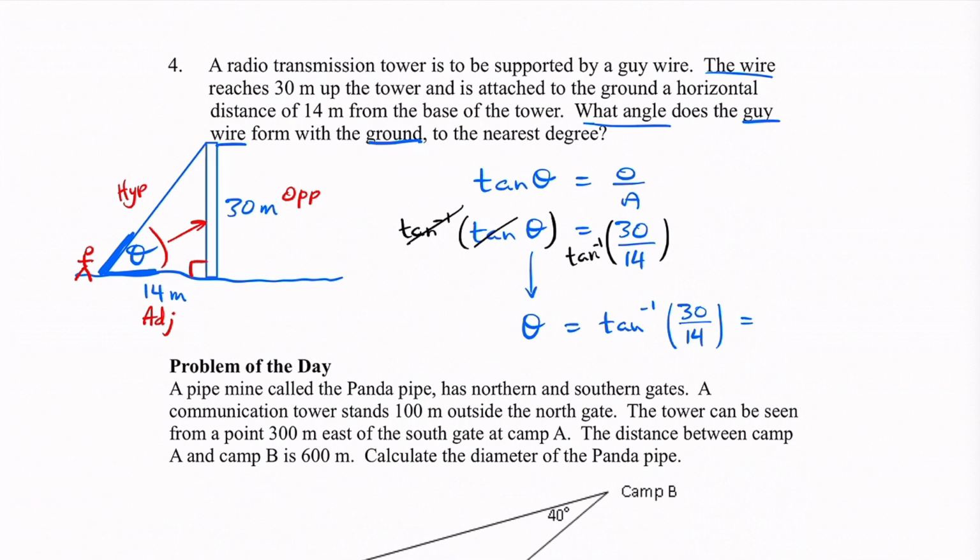Then plug that into my calculator. And when I do that, I'm going to get 64.9831. With this one, it said round to the nearest degree. So we are going to get 60, this 9 is going to round up to 4, so we get 65 degrees. So that's our answer right there.